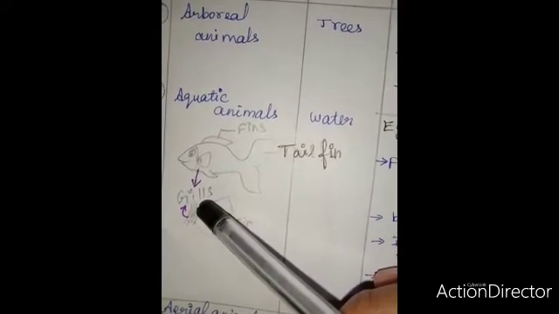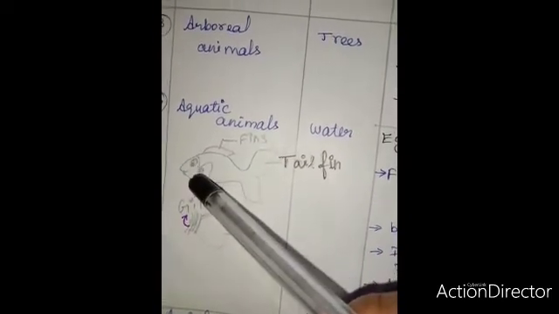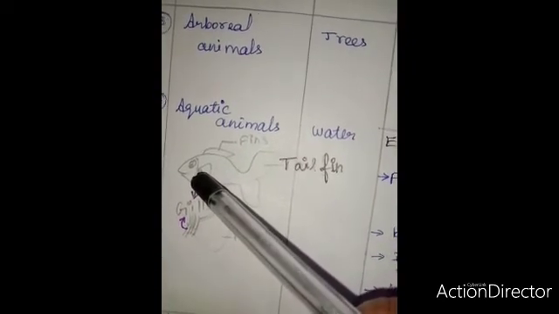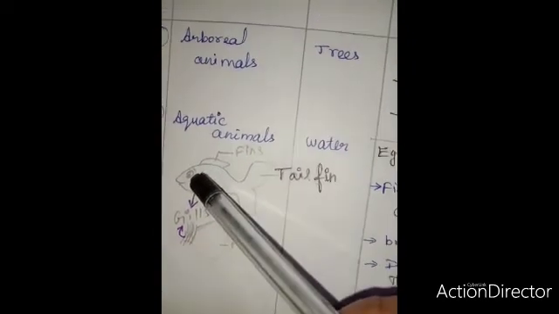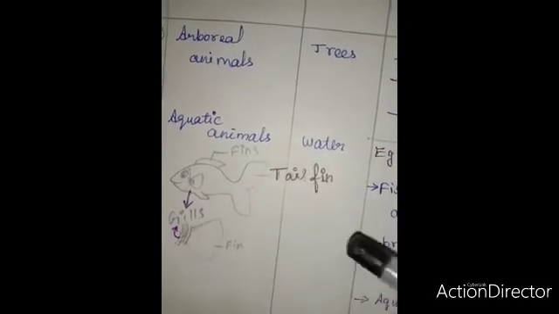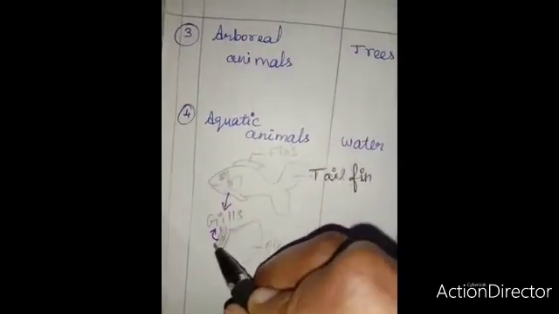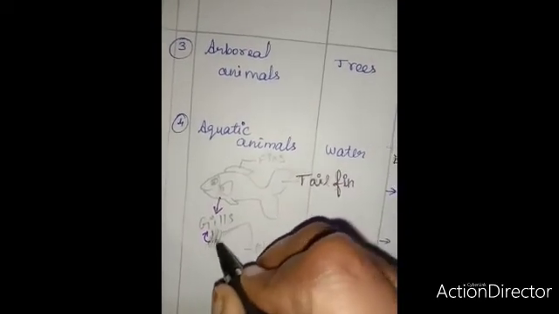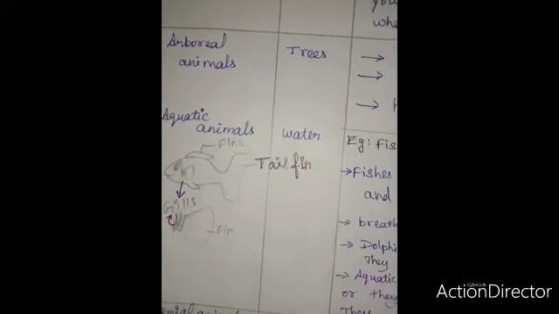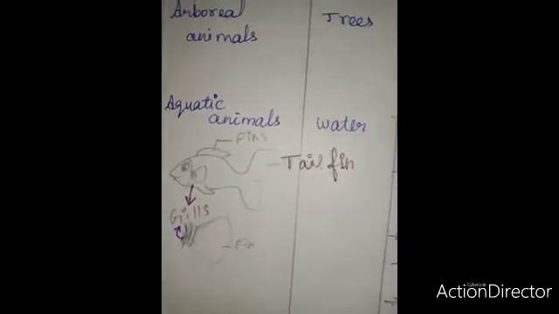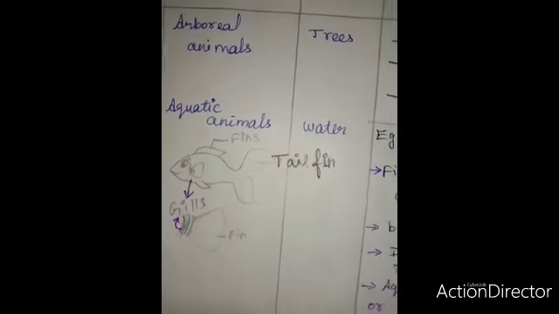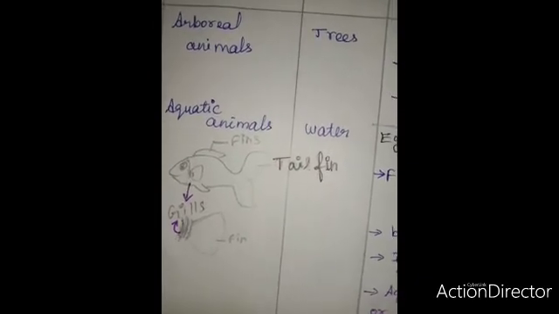Where are the gills present? At the side of their body, they have fins. Near the fins, they have gills arranged like this. Fins and gills are the adaptive features of aquatic animals.